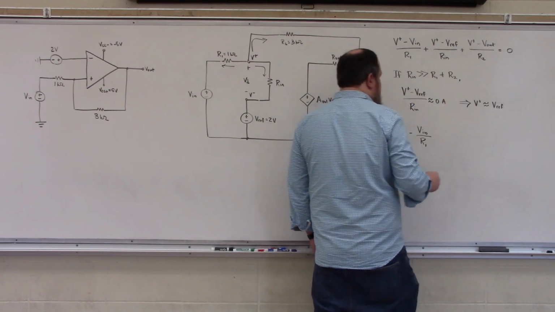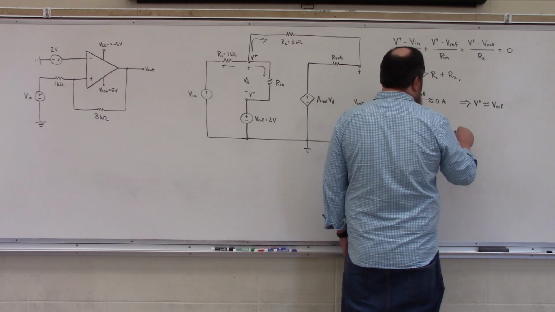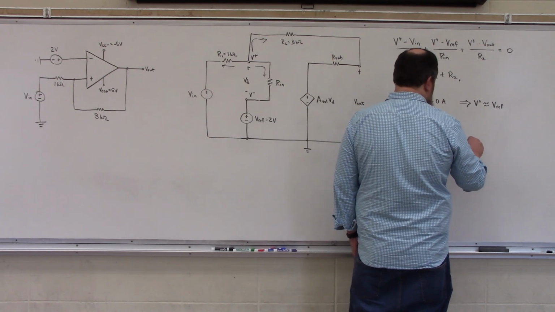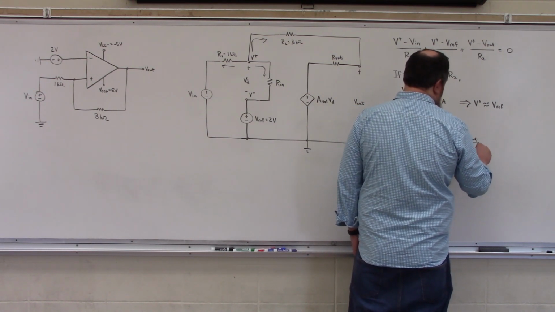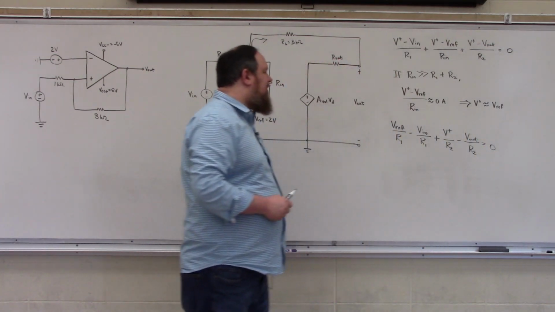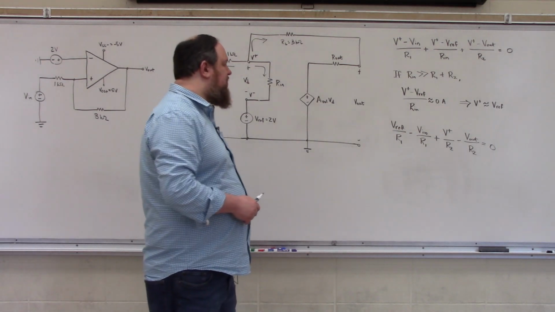This middle term goes to 0, plus V plus divided by R2 minus V out divided by R2 is equal to 0. And now I'm going to algebraically rearrange this expression and solve for Vn.